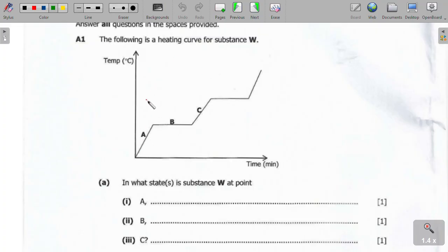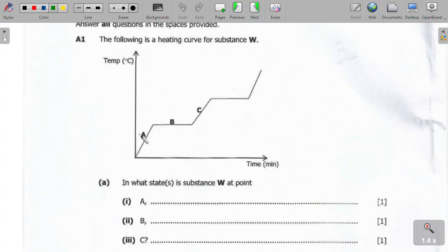You must understand that the sloping part of the heating curve shows one single state, for example here and here and there. Heat increases kinetic energy, so particles move faster and temperature rises. How do you interpret the heating curve?